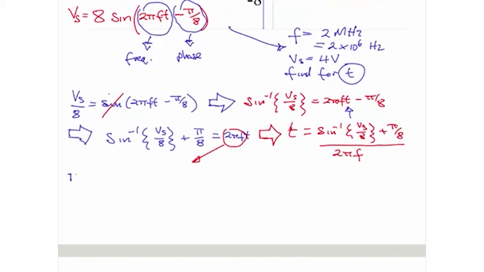We can look again at this and express it as t equals sine minus 1 and start putting in these numbers. So we know what Vs is.